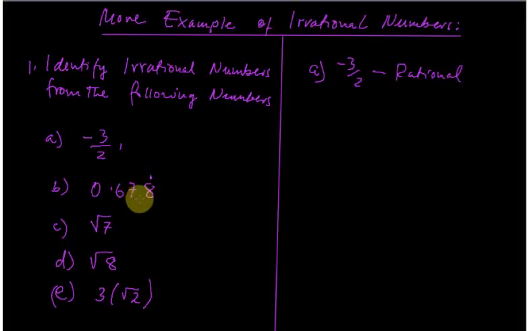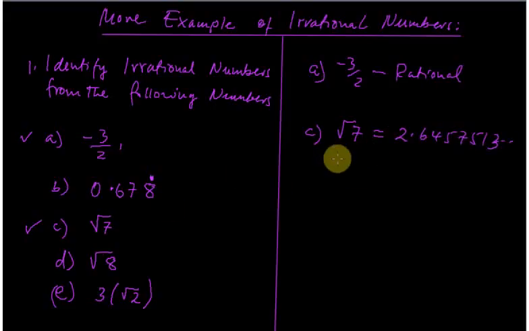How about this one here? This is 0.678 repeating. I leave it for you. How about this one? I can do this one, so we do it together. What is root of 7?